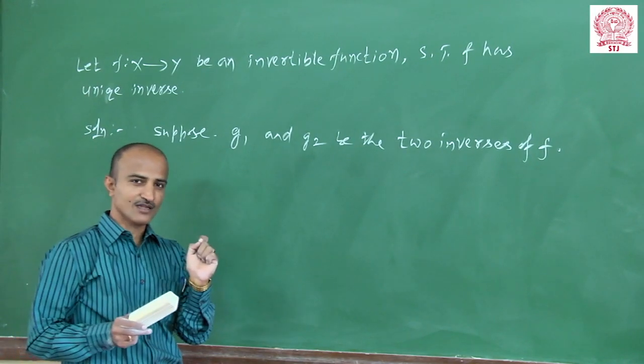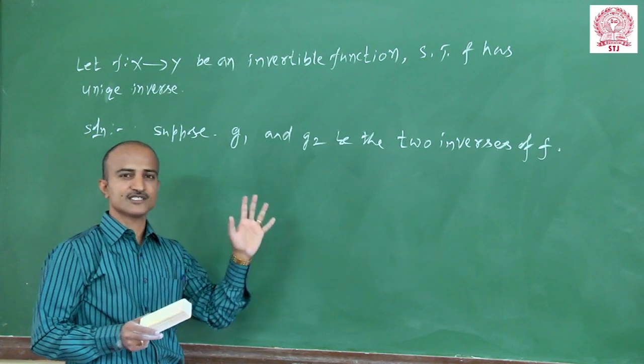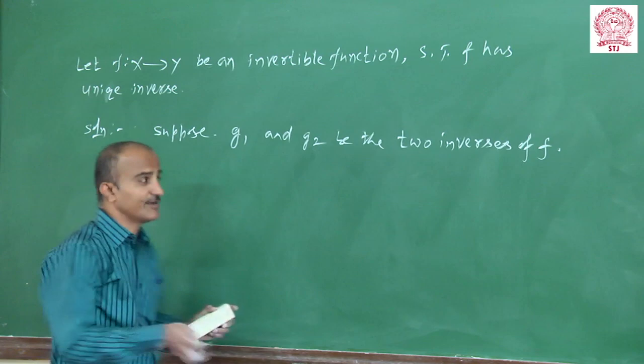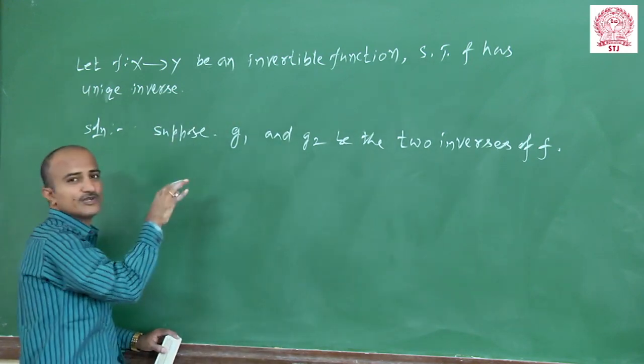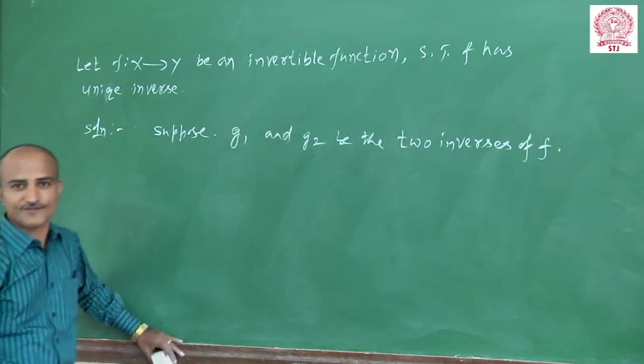Whenever it is invertible, obviously there should exist a function G such that fog is giving an identity element. We are assuming that G1 and G2 are the two inverses of F.